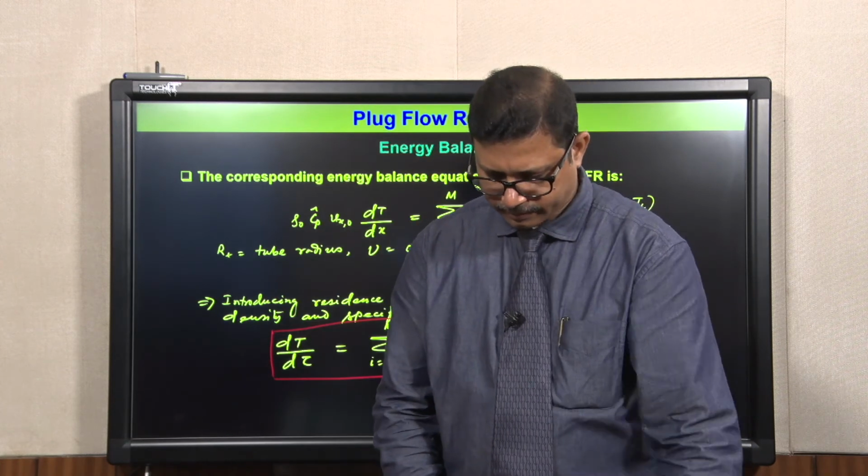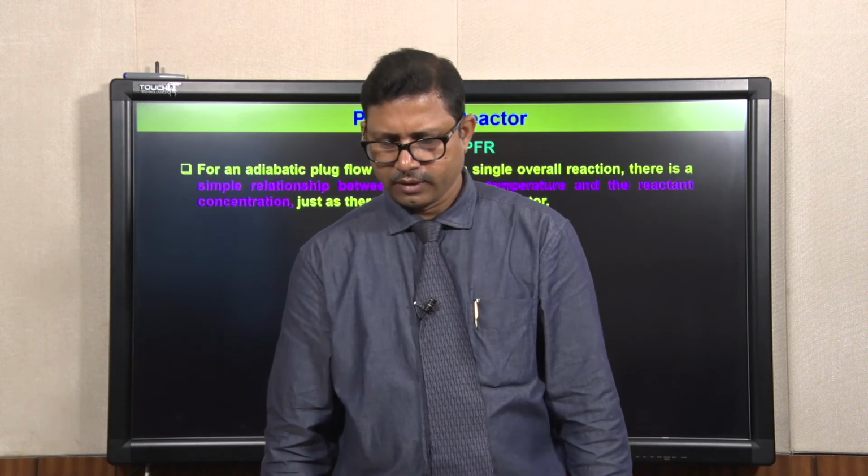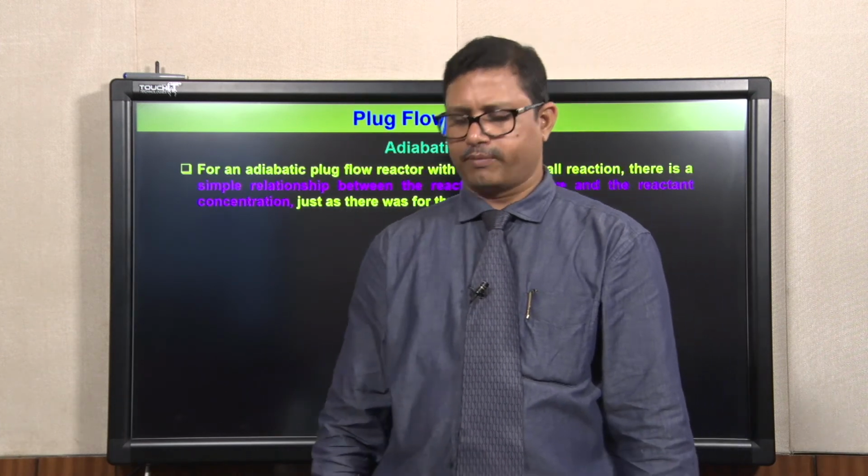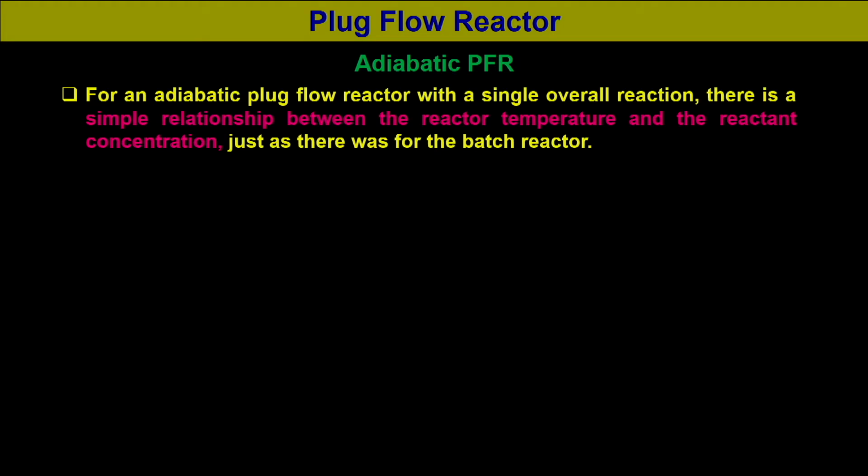But if we consider adiabatic plug flow reactor, for an adiabatic plug flow reactor with a single overall reaction, there is a simple relationship between the reactor temperature and the reactant concentration, just as we have done for the batch reactor.